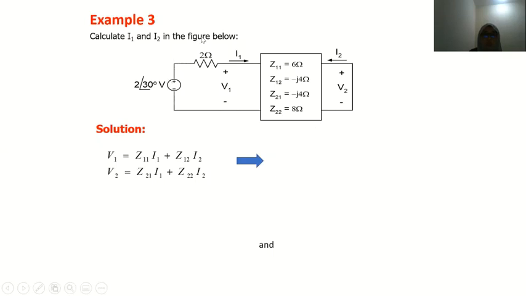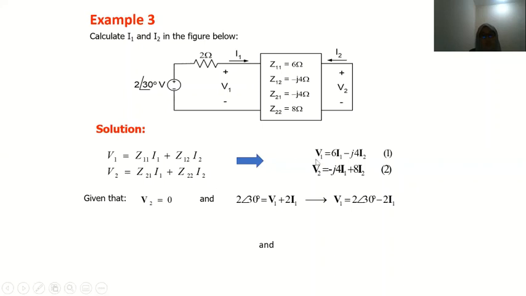We know that the first terminal is your input terminal and the second terminal will be your output terminal. We use the general equation for the Z impedance parameter, which is V1 equal to Z11 I1 plus Z12 I2, and V2 equivalent to Z21 I1 plus Z22 I2.